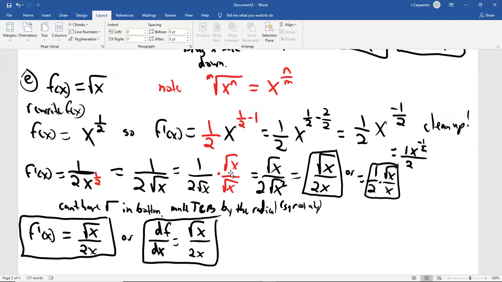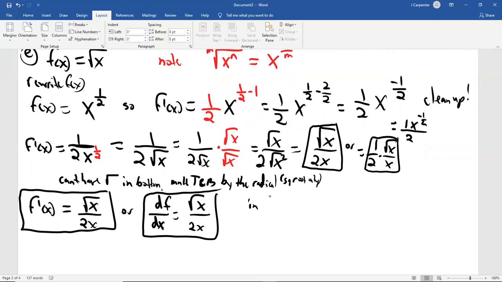So the cleaning up was quite extensive for this. Now, what you might find in my math lab is it may be okay with 1 over 2 square root of x.